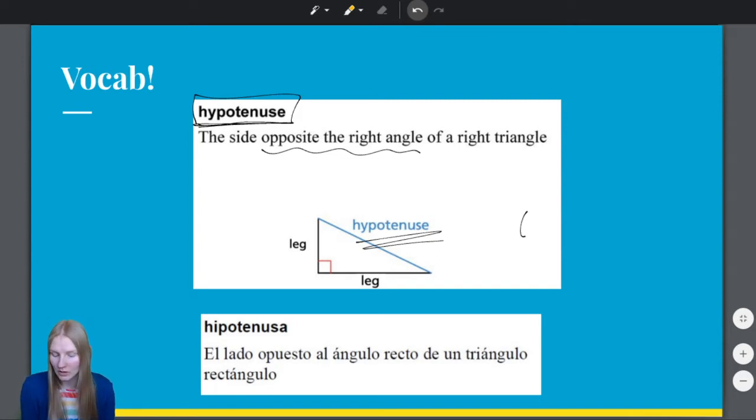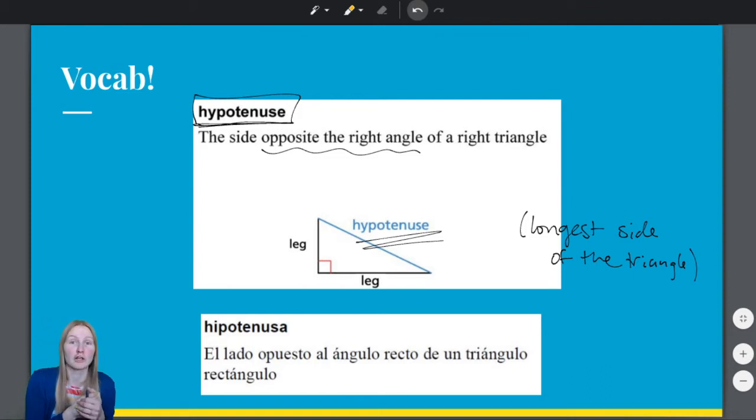So, the hypotenuse is opposite the right angle. It's also the longest side of the triangle. Now, that's not the definition. If it's the longest side of the triangle, oh, that's the hypotenuse? No. It just so happens that the hypotenuse is the longest side of the triangle, because 90 degrees is the biggest angle in this triangle.